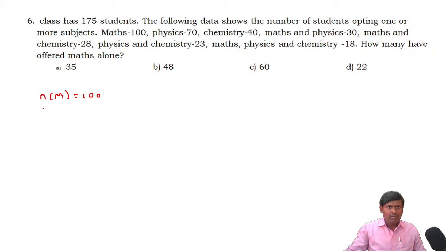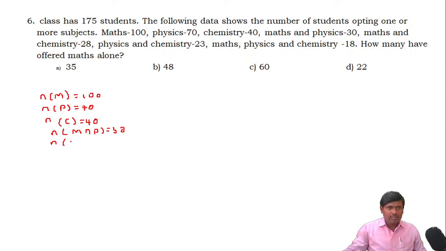Similarly, n of P, the number of students opting physics, is 70. The number of students opting chemistry, n of C, is 40. The number of students opting maths and physics, n of M intersection P, is 30.